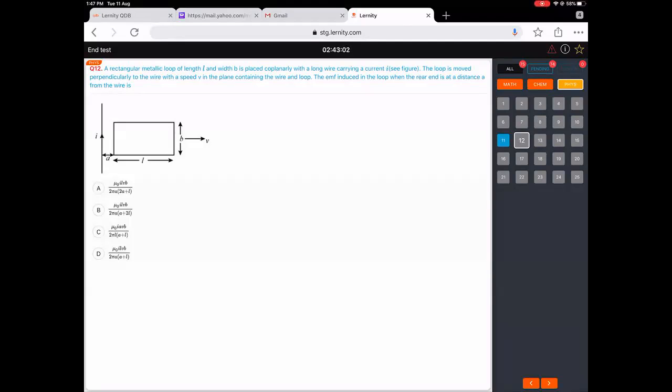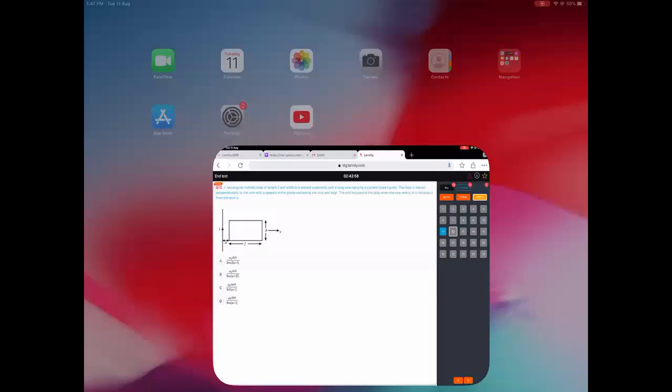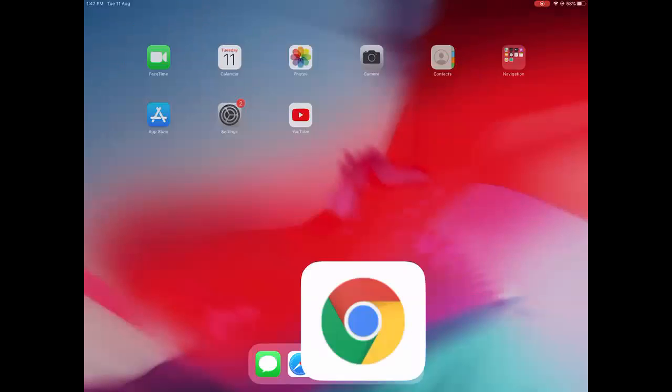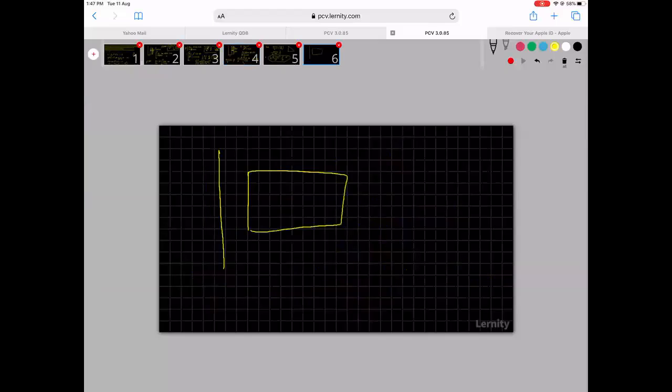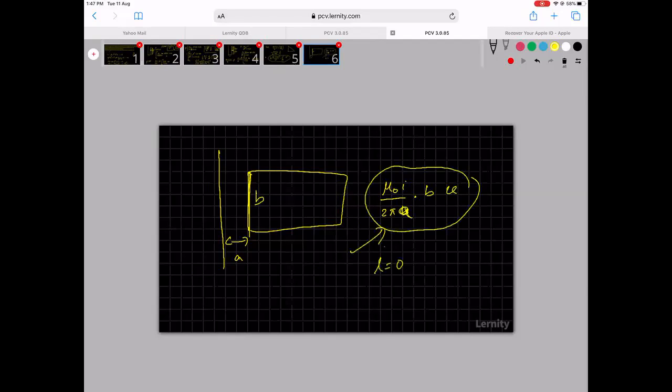So mu naught I, yeah, LV divided by 2 pi A. Suppose I have a wire here like this, and this whole thing is just a single wire. So this distance here is A. So B is mu naught I by 2 pi A. This is the magnetic field. B into L, V. So if L is equal to 0, this should be the answer.